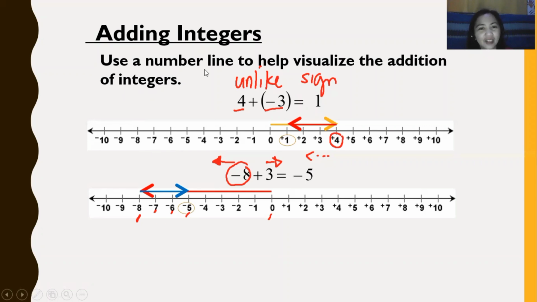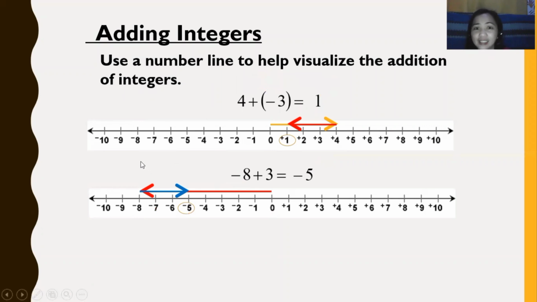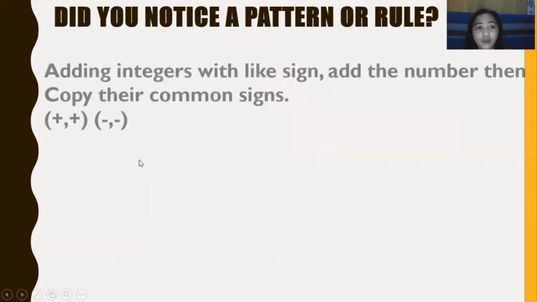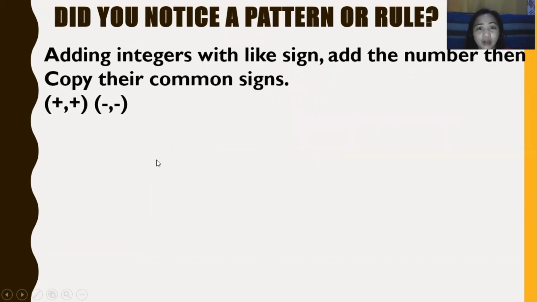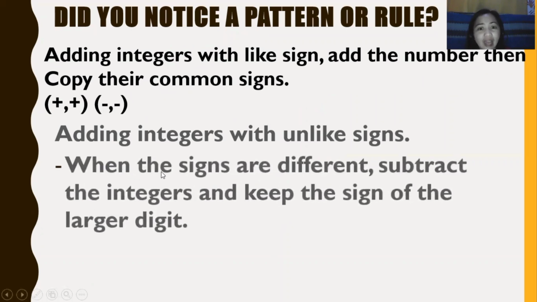Now, can you see the rule here? Have you noticed any rule in our addition of unlike signs? A while ago, we were adding like signs, and the rule is add the numbers, then copy their common sign. While if we are to add integers with unlike signs, when the signs are different, subtract the integers, then keep the sign of the larger digit.